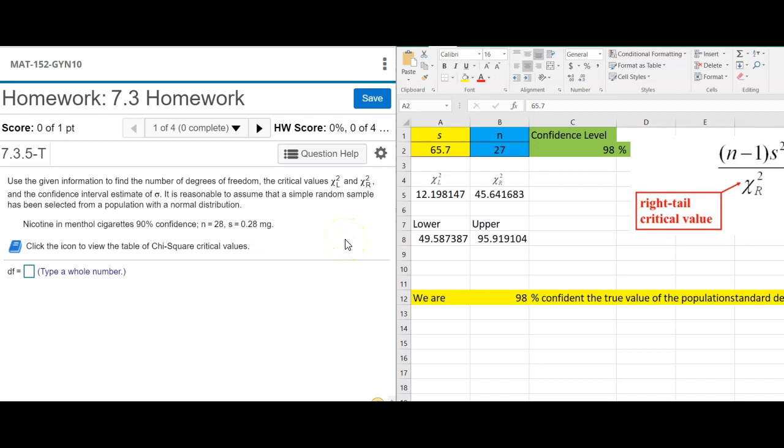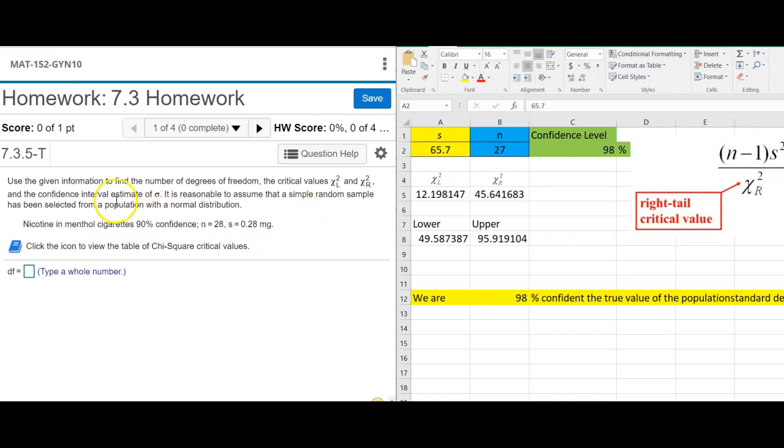When we have a chi-square distribution, we have to realize that there's no symmetry. There aren't negative numbers, so we do have to make sure that we understand that it's a completely different type of calculation than the probabilities and things that we used in Z and T.